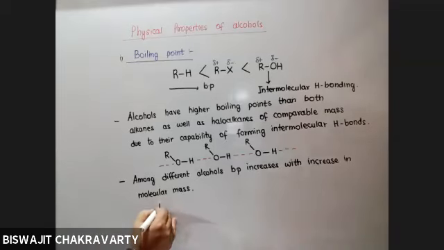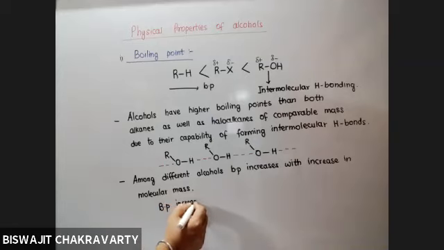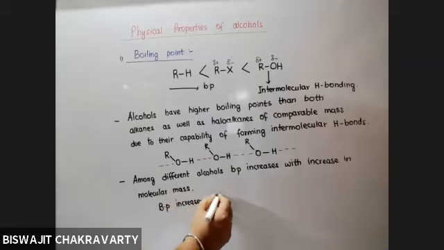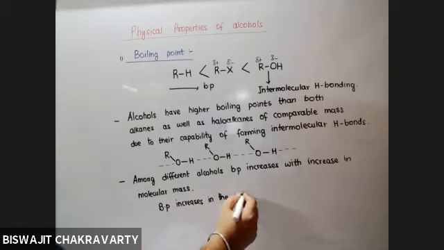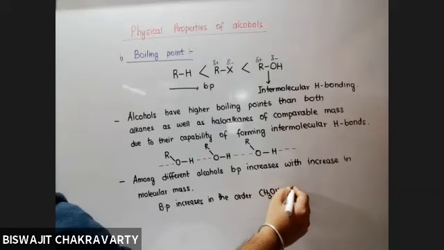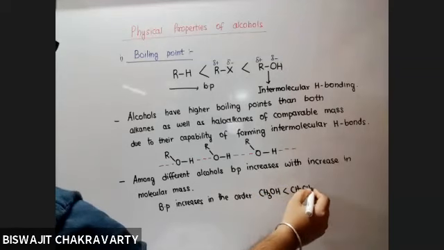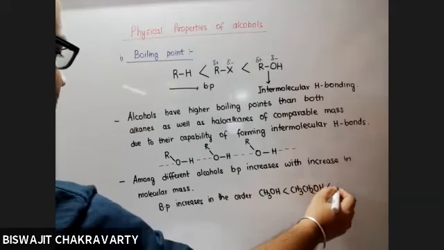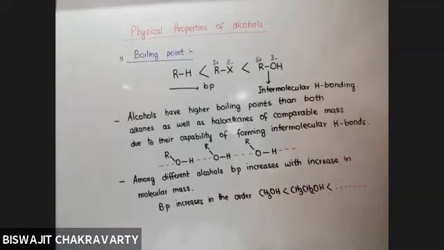Therefore, boiling point increases in the order CH3OH less than CH3CH2OH less than ... So as the molecular mass keeps on increasing, the boiling point will also keep on increasing.